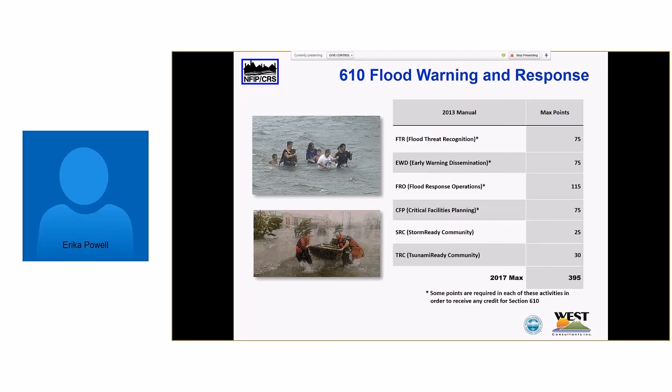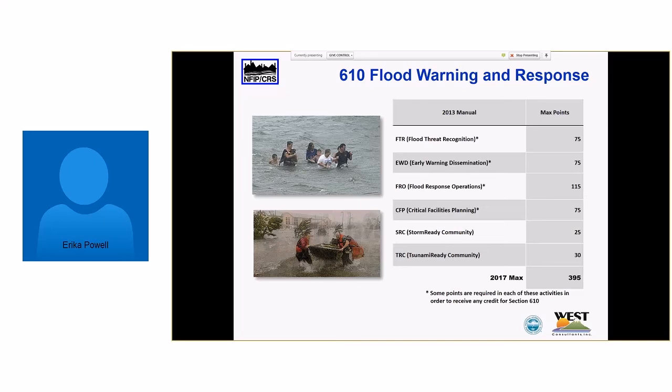Those four that have the asterisks beside them, you need to have at least some points in every single one of them in order to get credit for any of them. So you could max out under flood threat recognition, early warning system, and flood response operations, get all the points available, and if you don't know where your hospitals and police stations and schools are, you'll get nothing out of the whole effort. So it's important to have some points in each one of those individual categories.